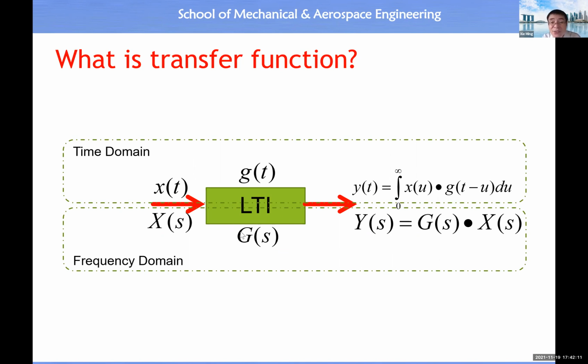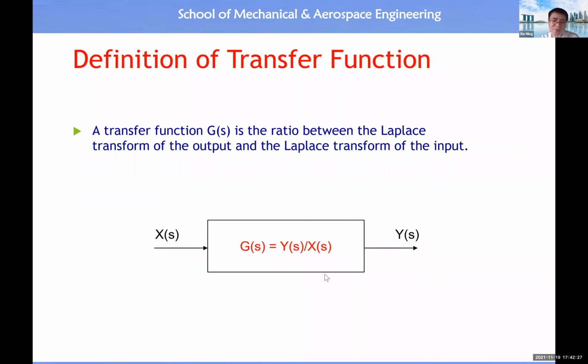Because of such simplicity, we pay attention to this function in frequency domain, and we call this function G(s) a transfer function. So that is the definition of a transfer function.